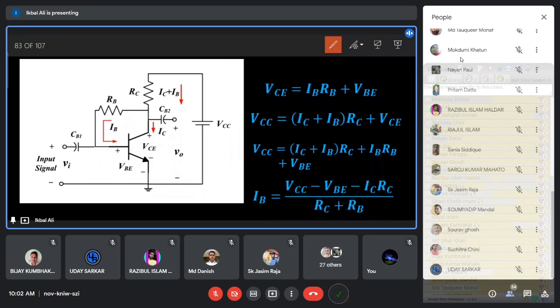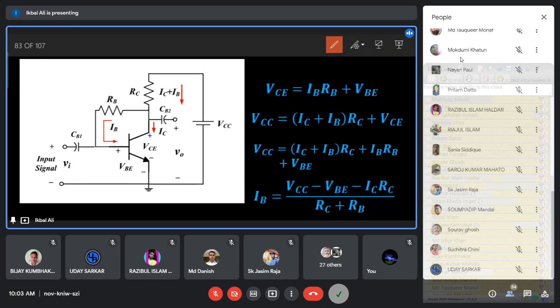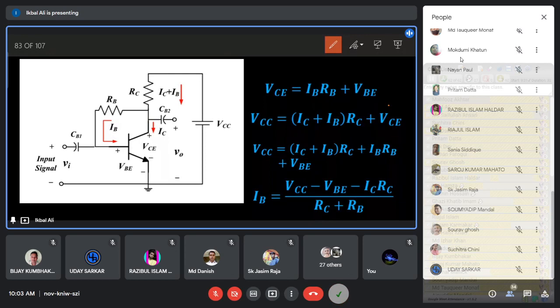Okay, we need another equation. This is the input side equation, where we are accounting the base current in the VCE expression. In this expression, you see that the input parameter IB is there. Now we will estimate another equation, which is the output equation that accounts for the supply voltage.